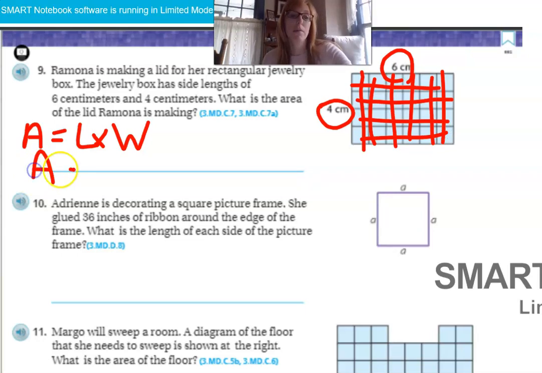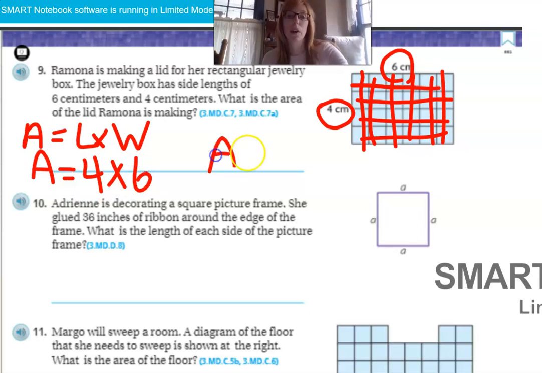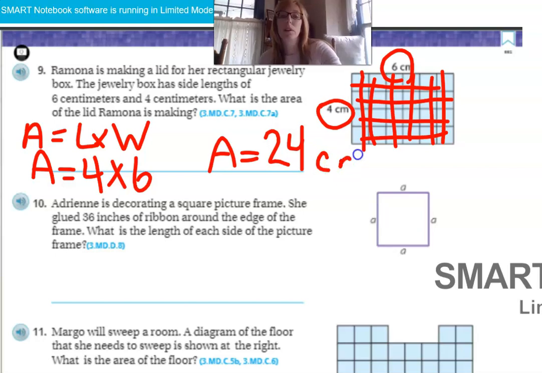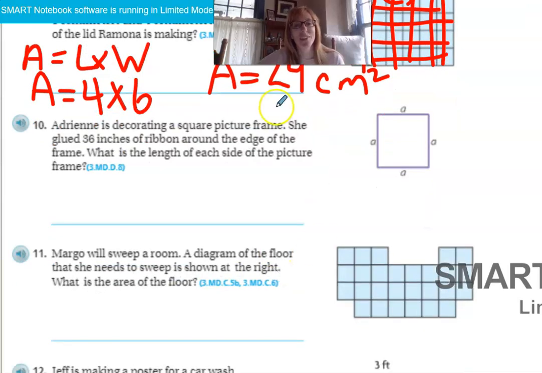So our area equals 4 times 6. So our area equals, hopefully you remember your multiplication. So it would be 24 centimeters. And that would be centimeters squared. So we put a tiny little 2 there, squared centimeters. Okay, cool. We're learning.